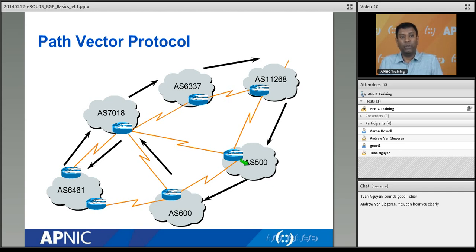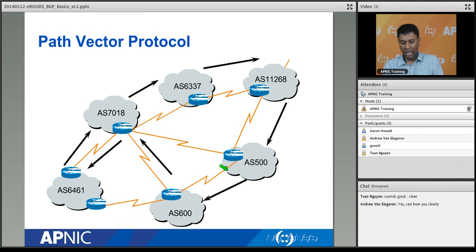So in this situation, if the prefix has been originated from this AS, it can go to that other AS and then to the next AS and then to the next AS. This is how prefixes go across. If anyone on this network would like to see the prefix, they can have one path this way and another path this way.